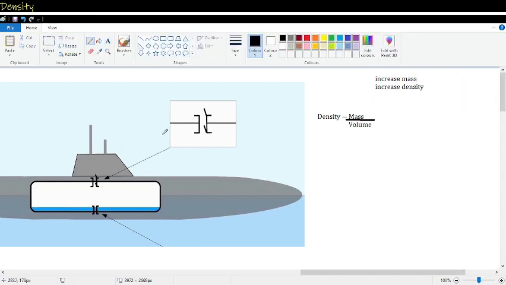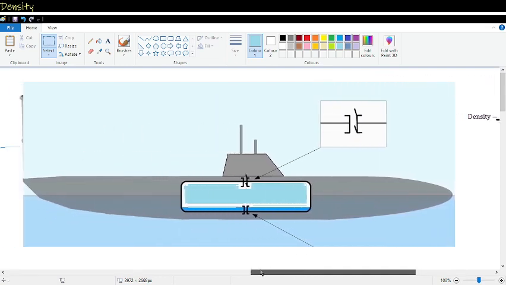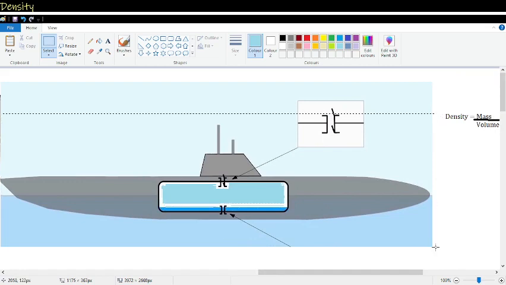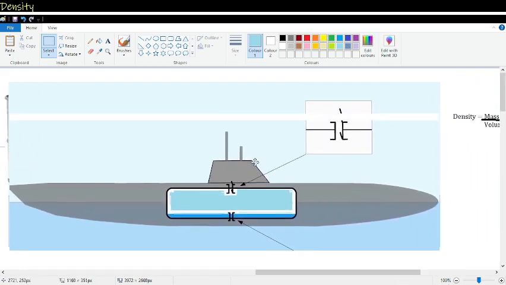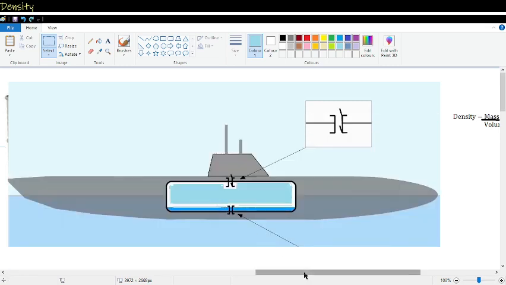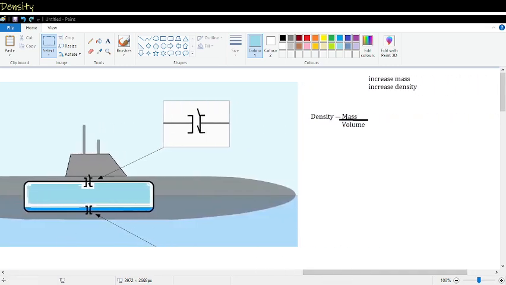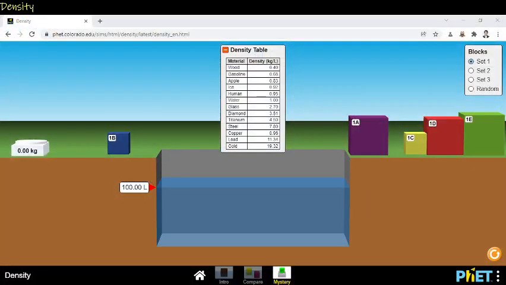I increase the mass by filling this with water, and it will make the mass bigger. The density of the iron is not changed, but the density of the whole submarine, because the mass is increased, the density will be increased, so it will sink. That's the concept.